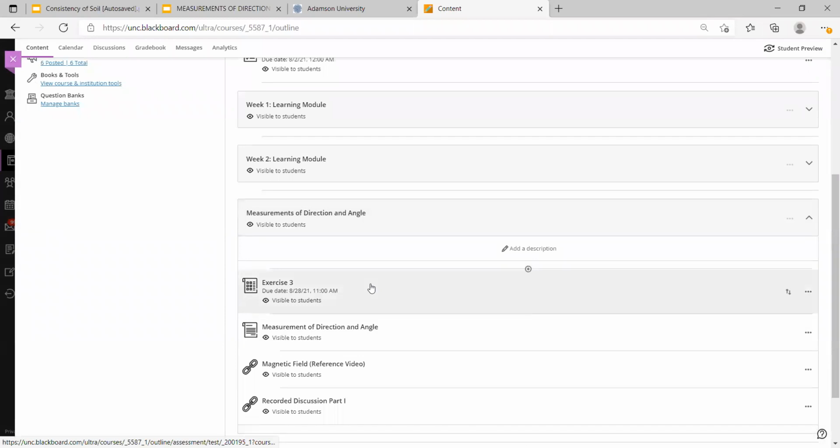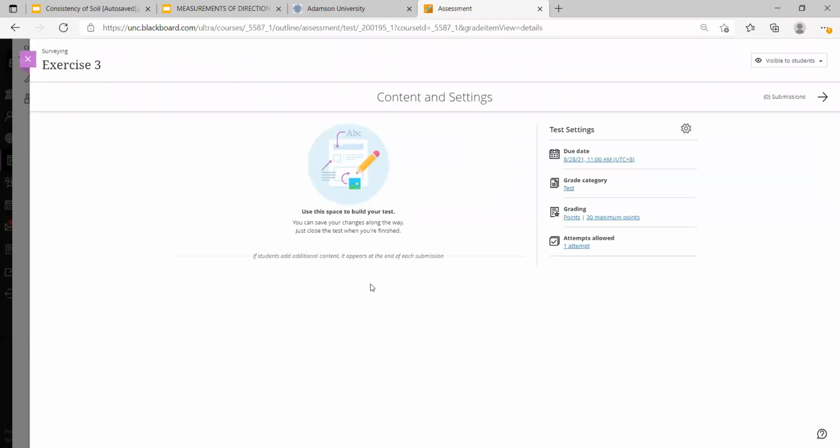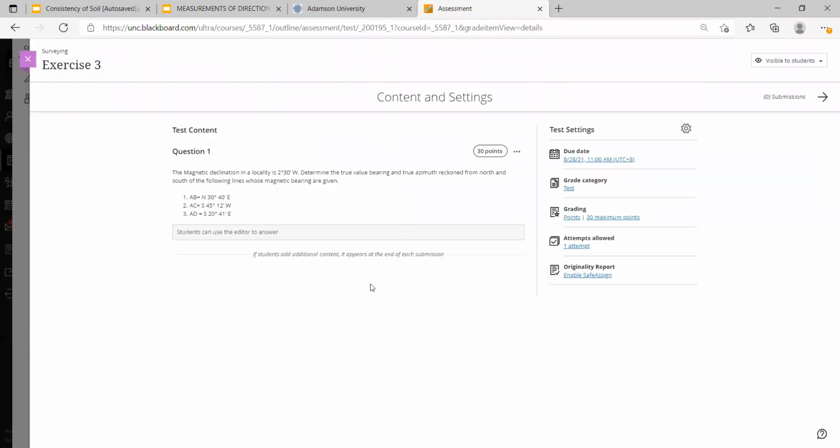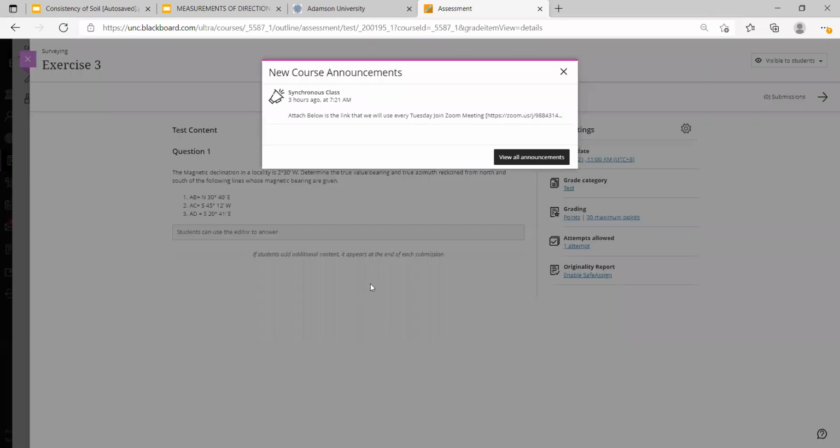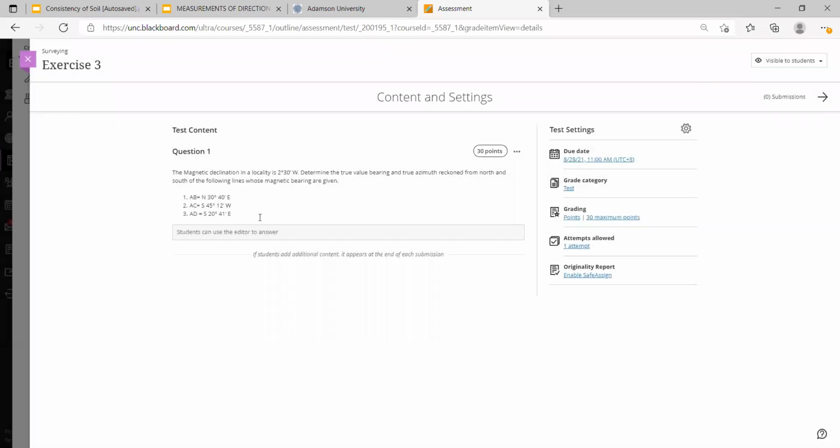So here is your exercise number 3, to be submitted on August 28, 2021. We have here the magnetic declination. Earlier it was east, and this one is west. We also have a given magnetic bearing. It is composed of 30 points. You can answer this one, and it will serve as your exercise number 3.